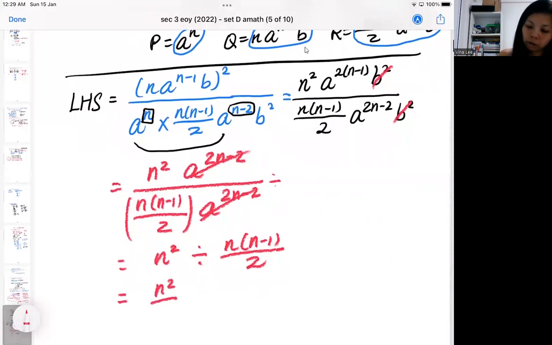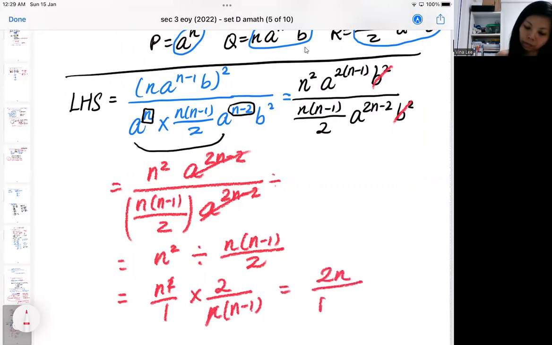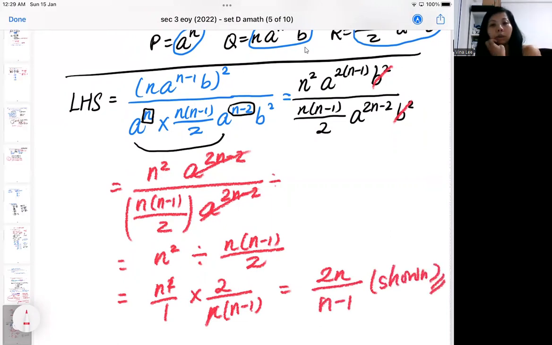And that is n squared times, you do a reciprocal and you cancel. So that's how I've shown it.